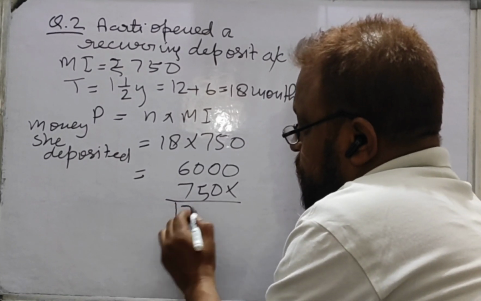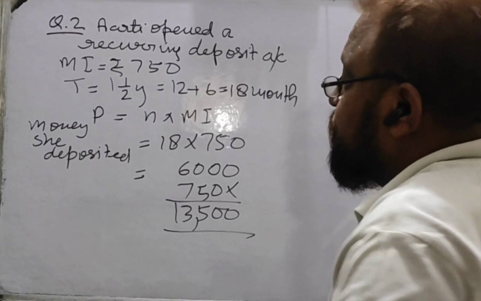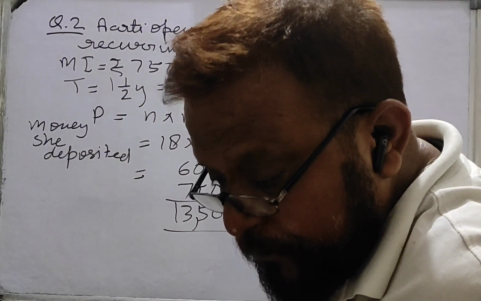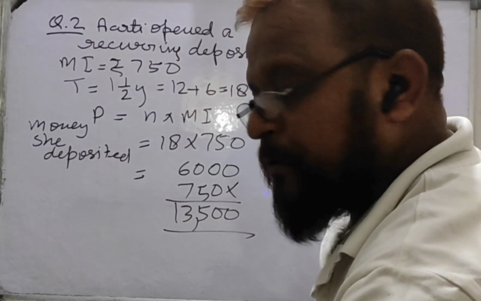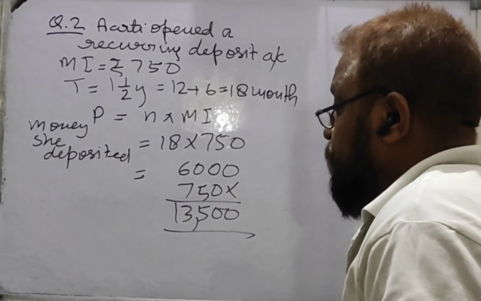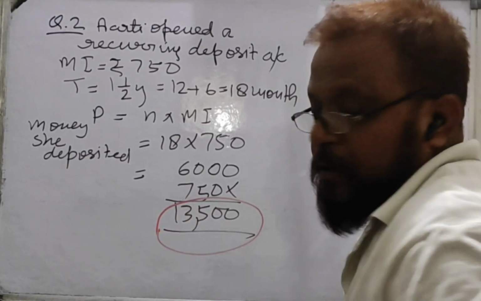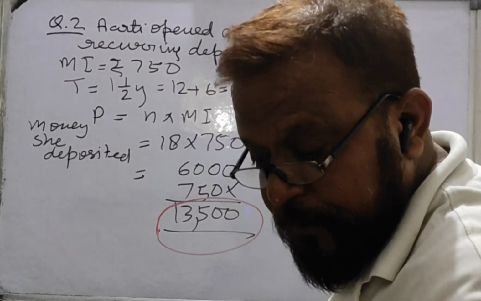It is 13,500 rupees. So the amount which she deposited during the course of 18 months, the principal, is 13,500 rupees. Getting?